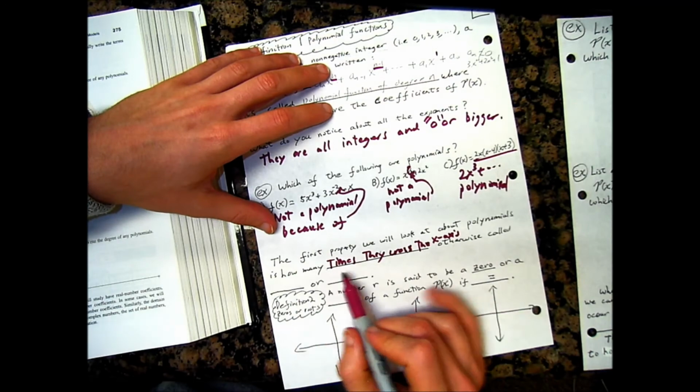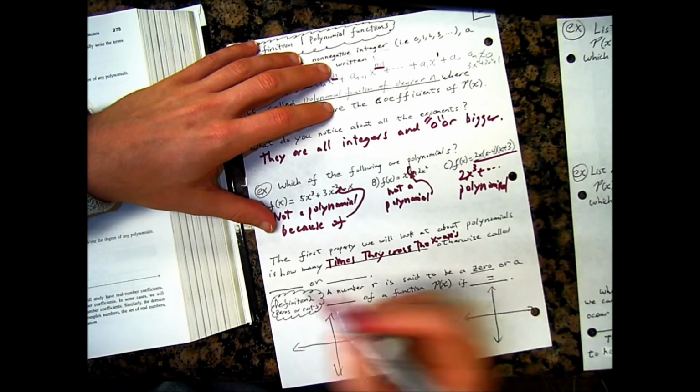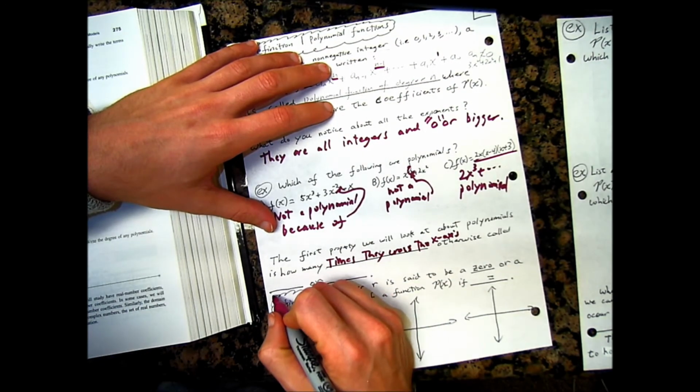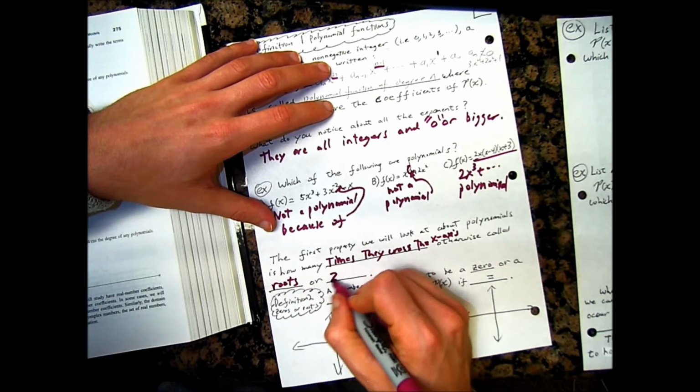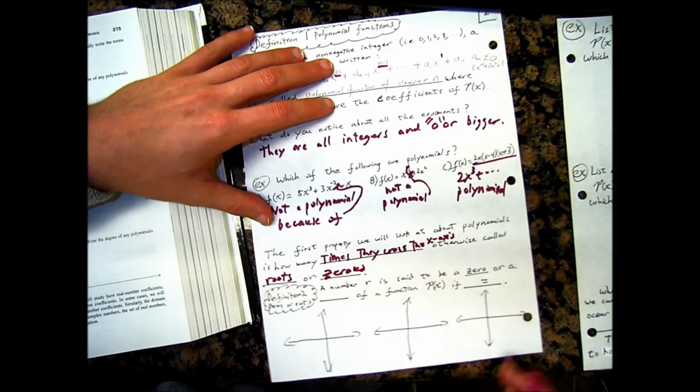So the number of times that a polynomial crosses the x-axis is called the roots. These are called roots or zeros. All right.